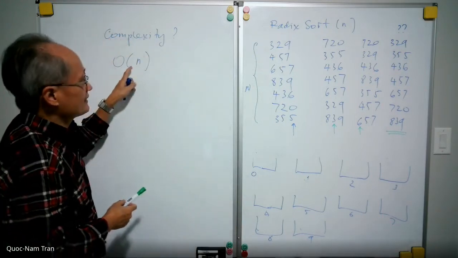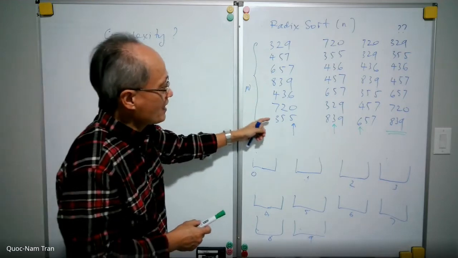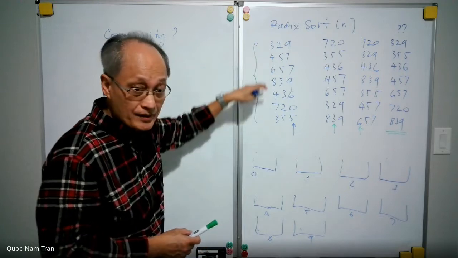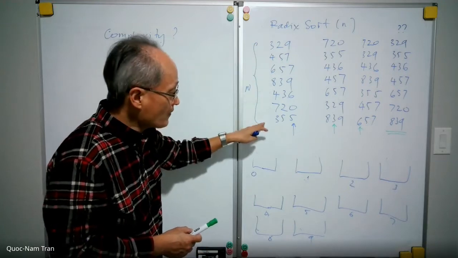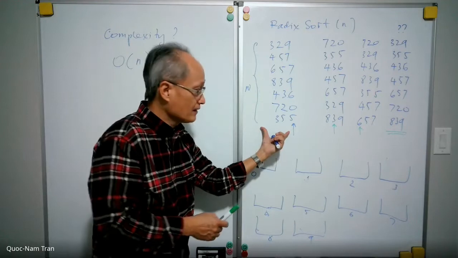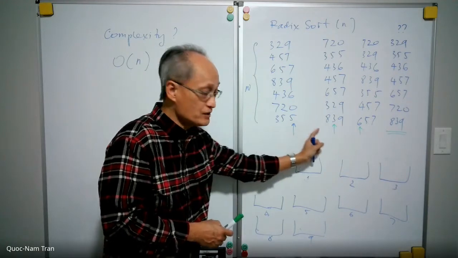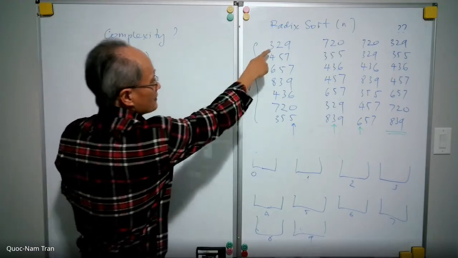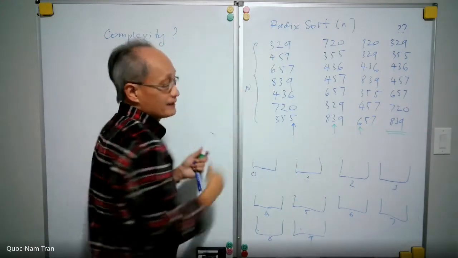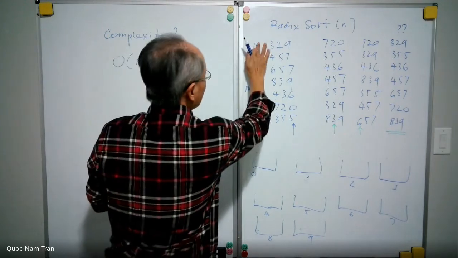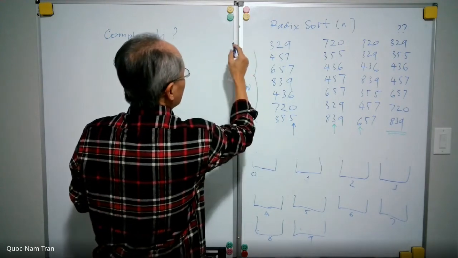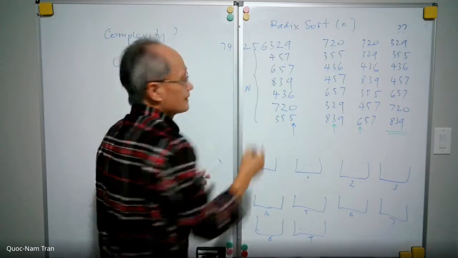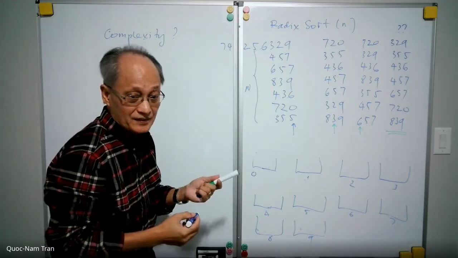We say that the complexity is based upon the number of numbers we have to sort and also the number of digits, because we have to go through each digit, right? So what will happen if the first number is not 329, but it may be, say, 74256?